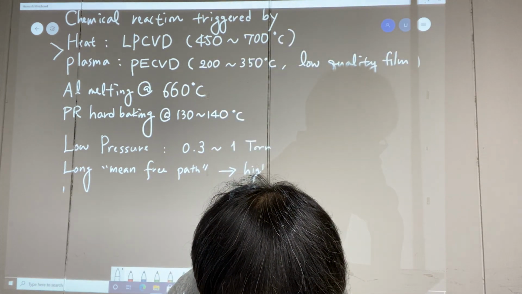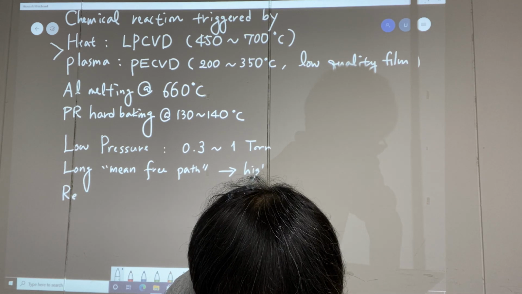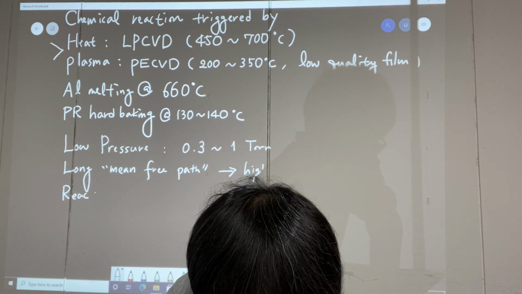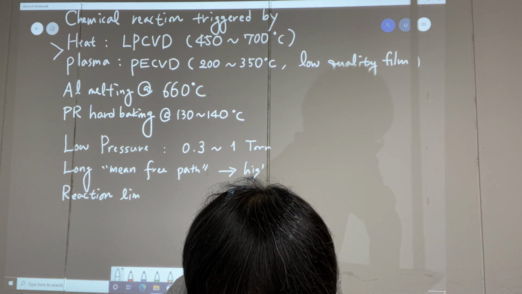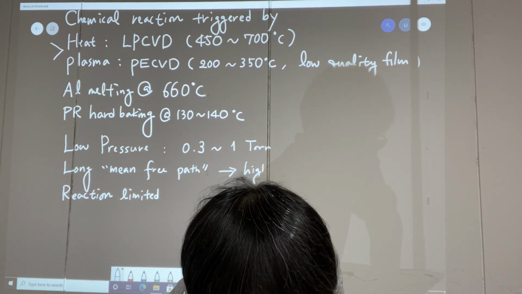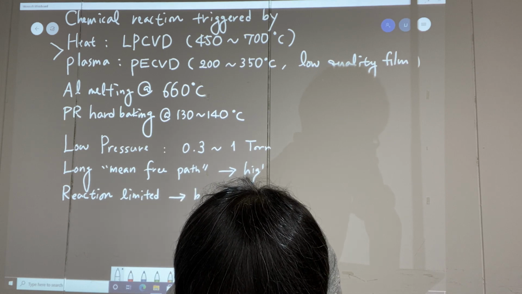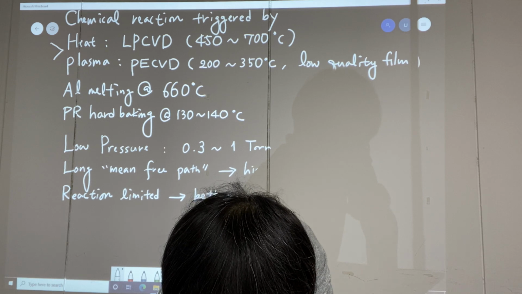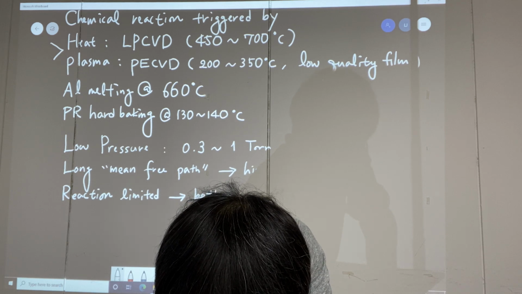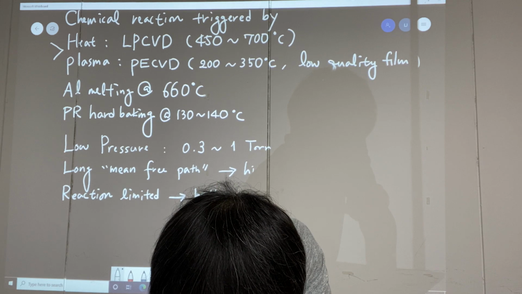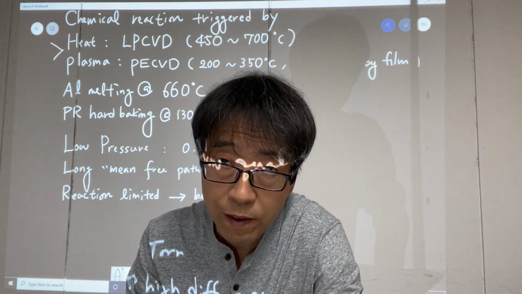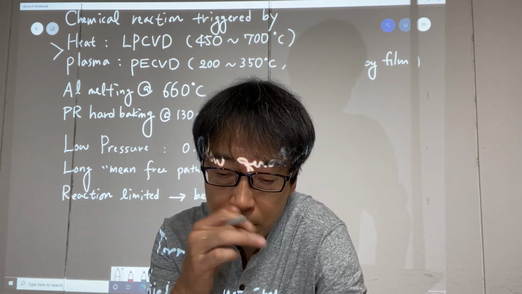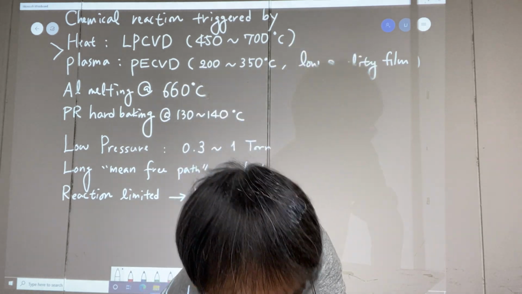So what is good about the reaction limited process? Well, because the molecules that are supposed to react can diffuse very well into any kind of gap, your deposition will be more uniform. So you can maintain a better uniformity. And at the same time, the whole process is not very sensitive to the supply of the chemicals, right?